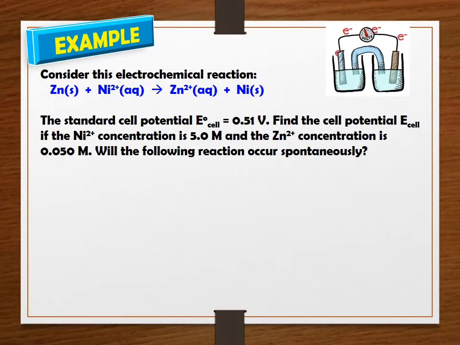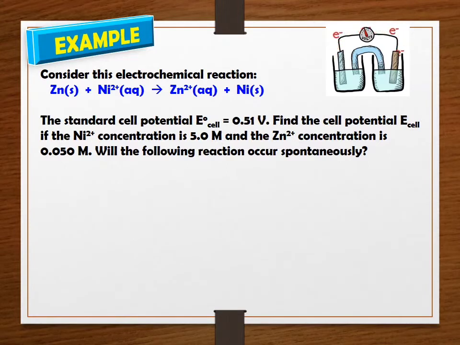Okay guys, now we look at the calculation part, how we apply the Nernst equation in this question. What we need to do first, as usual in class, is to extract the information. What information is important? First, you are very lucky here because you have the overall equation.